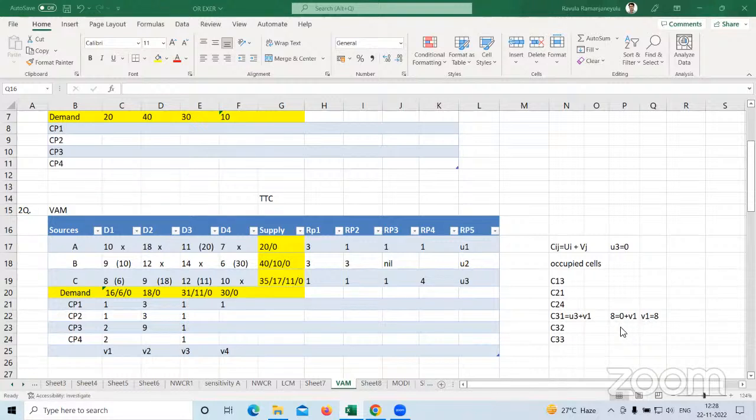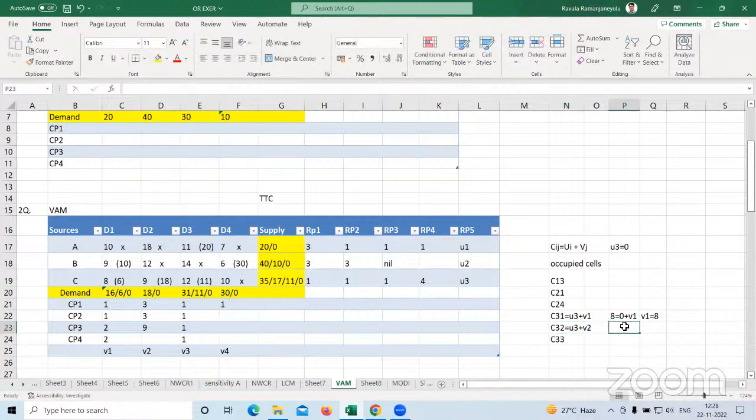So what we did is we assumed U3 as 0 for the occupied cells. So third row, first column, cost is 8. If you consider that, V1 value we are getting as 8. Similarly, if you go with this cell, C32 is nothing but U3 plus V2, where U3 is assumed to be 0.